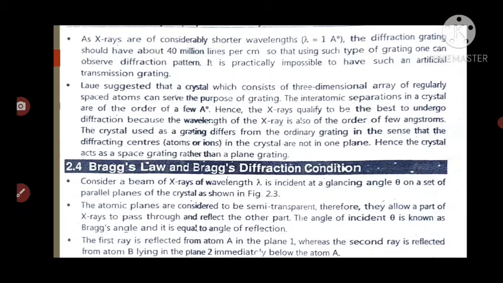The angle of incidence is theta, and the first ray is reflected from the first plane, whereas the second ray is reflected at the point B lying in plane 2, which is immediately below the atom A.